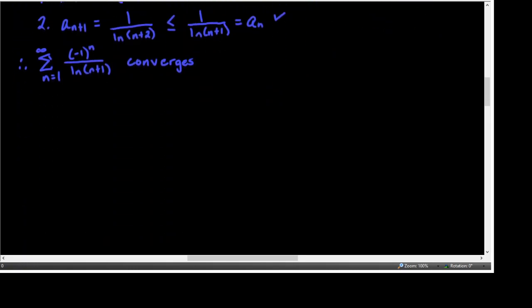The way to do that is to look at sigma of the absolute value of the expression of your series, -1 to the nth, divided by natural log of n plus 1.